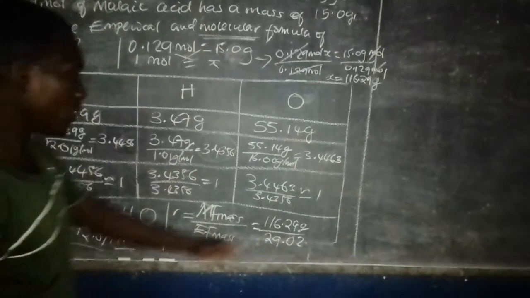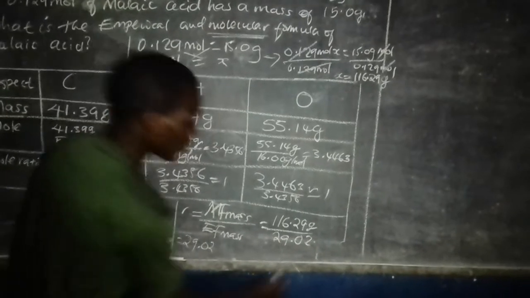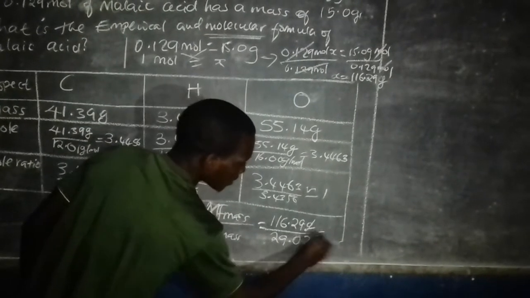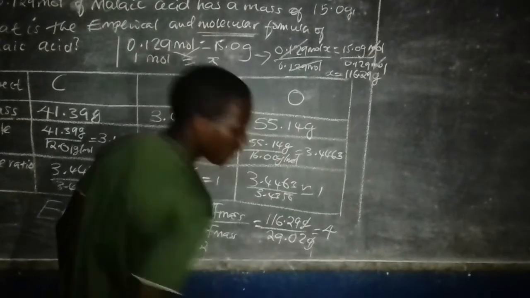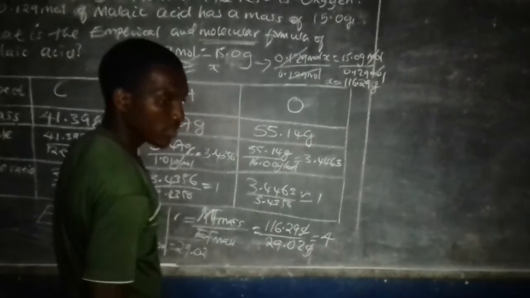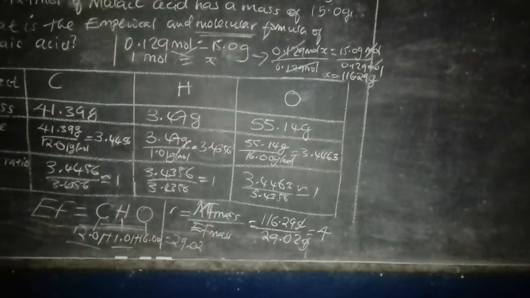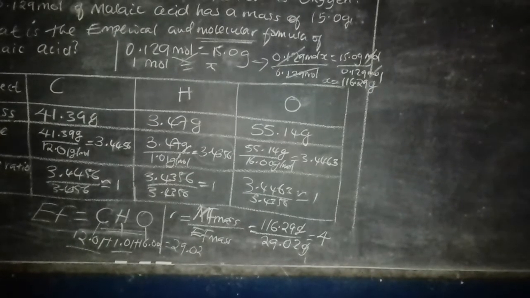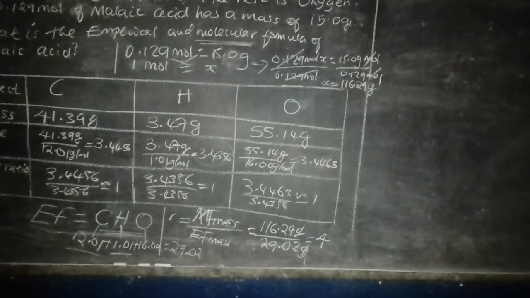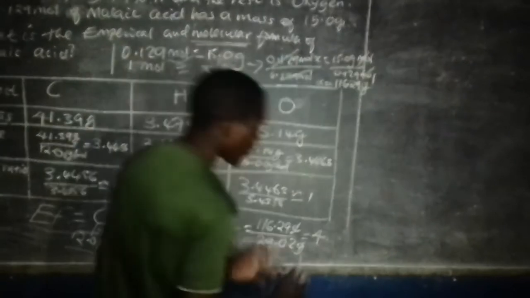So then 116.29 divided by 29.02 grams will be what? It is 4 point what? It's 4.00. 4.000, so okay, thank you.